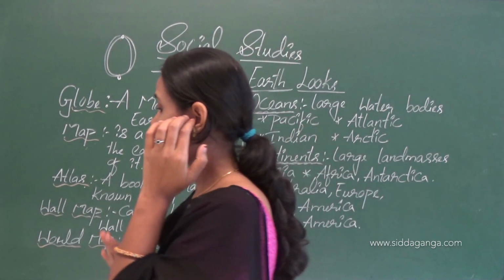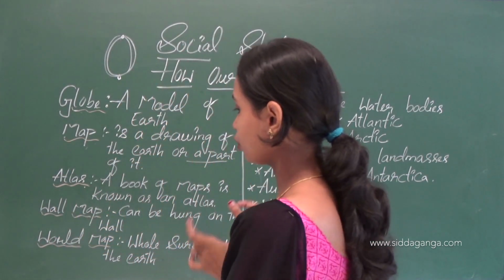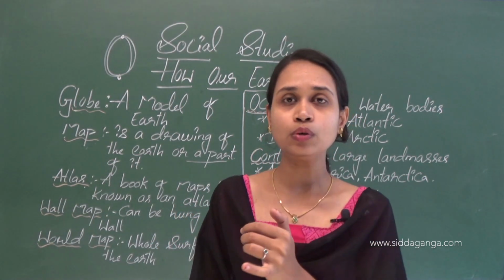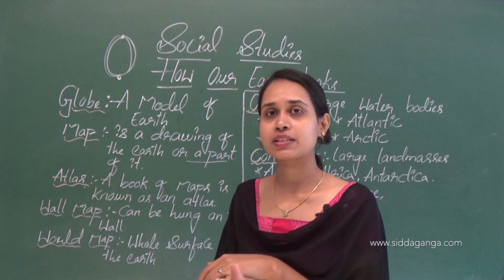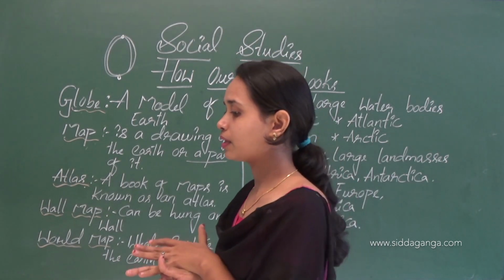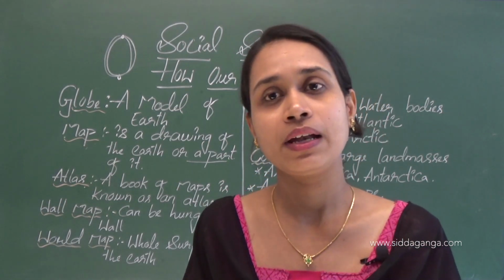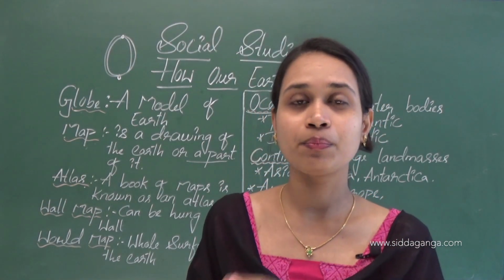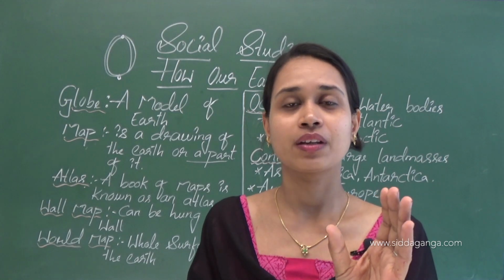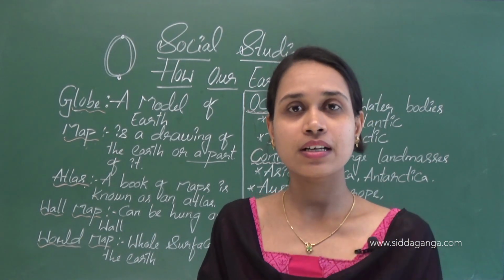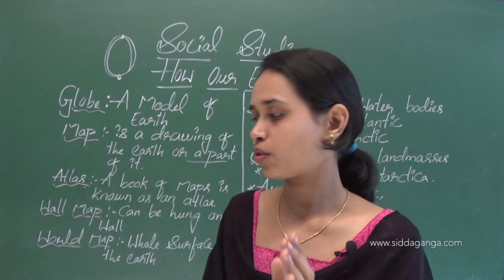Areas in blue show the water bodies, and the other colors show the land masses. Blue means water, and other colors are land masses, okay.